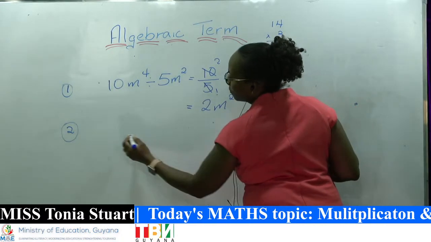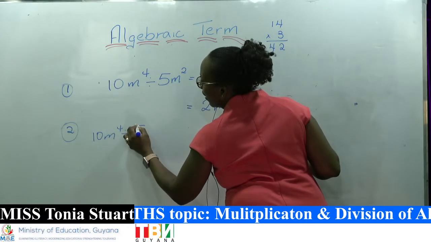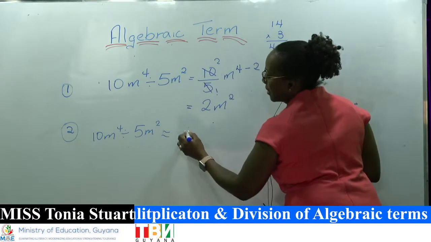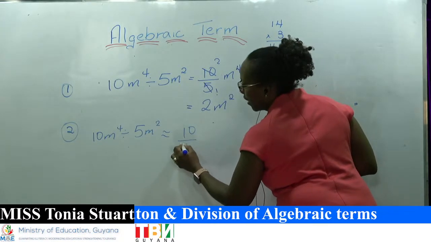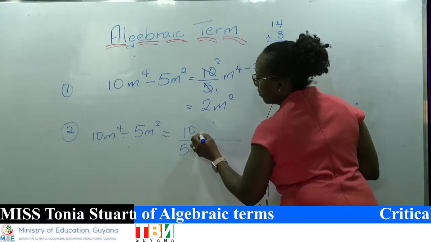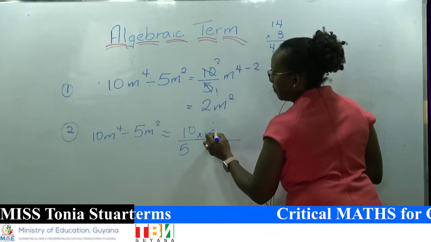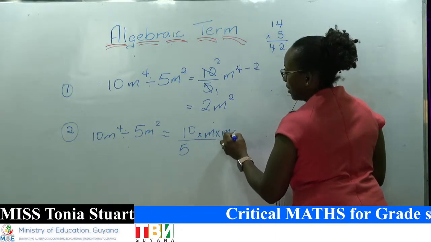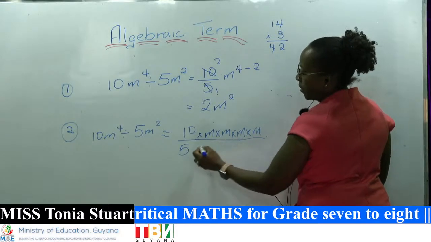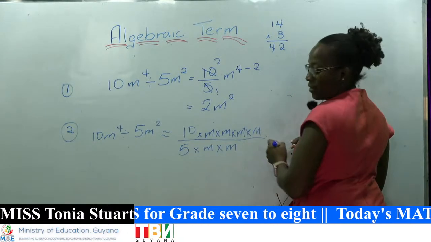All right, let me show you the expanded version. 10m to the fourth power divided by 5m to the second power would be the same as 10 over 5. How many m's do you have there? 4. We have m by m by m by m. How many m's at the bottom? 2. M by m.